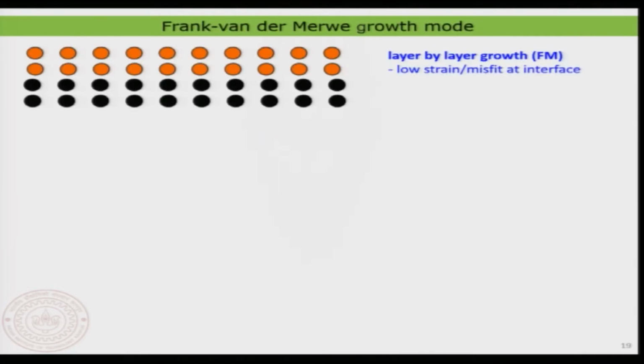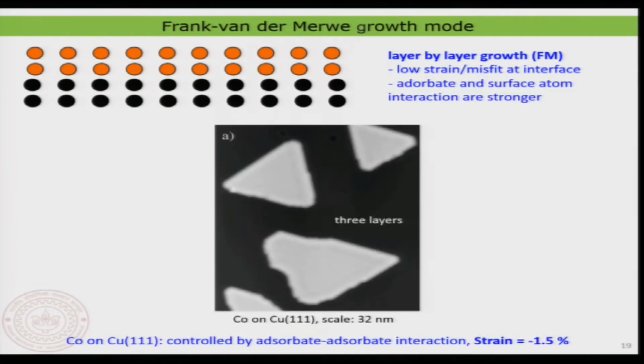Now, we have already seen this, so just to recollect what we said. In the layer by layer growth, what is most important is that you need to have a very low interface misfit or strain. In this particular case, as an example, cobalt on copper, we have already seen that this is just in the order of a single percentage.